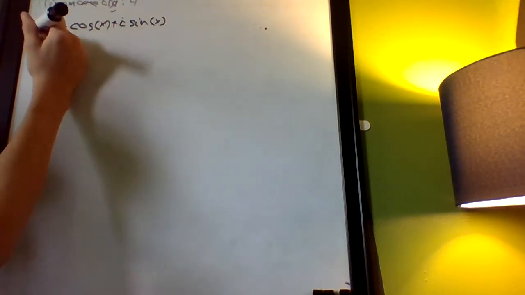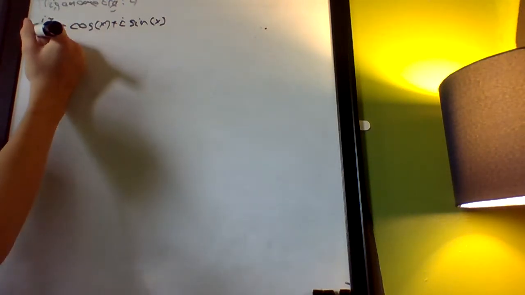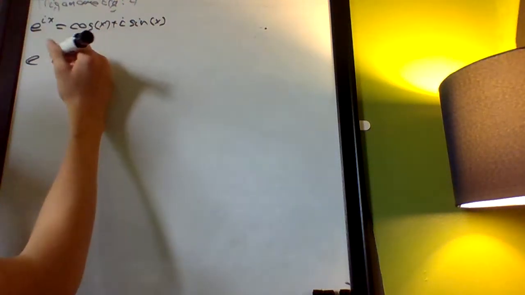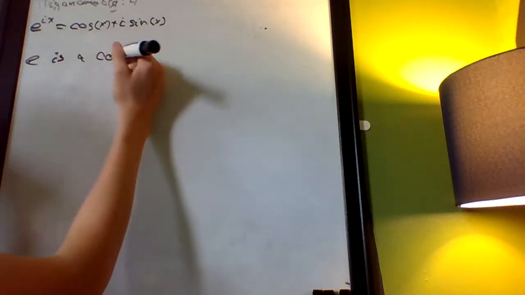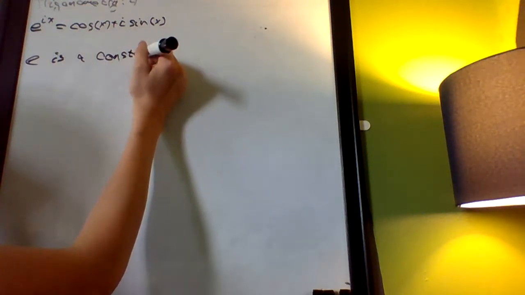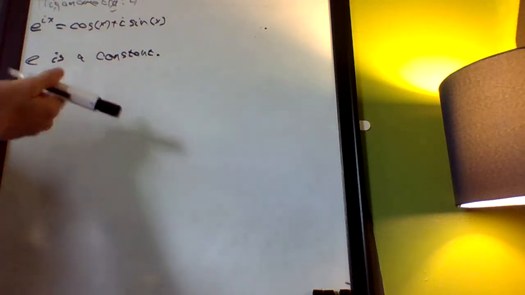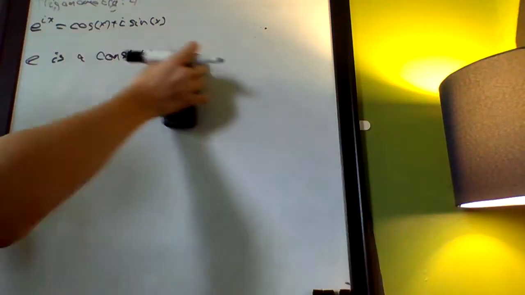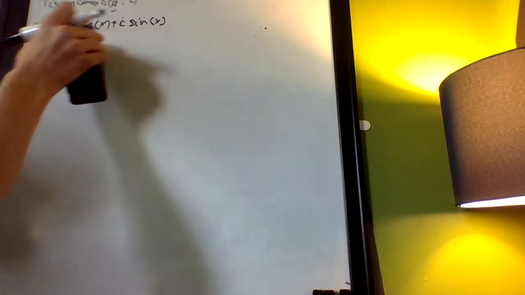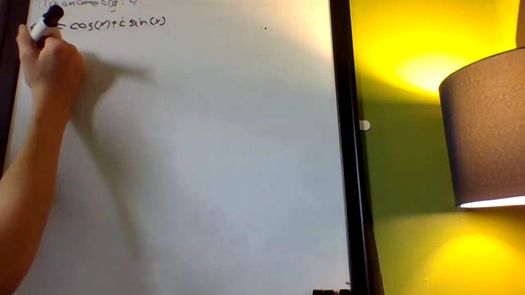So this number we'll discuss later, e to the ix is cosine of x plus i sine of x. e is a constant. We'll get into the specifics of it later. This is in radians.